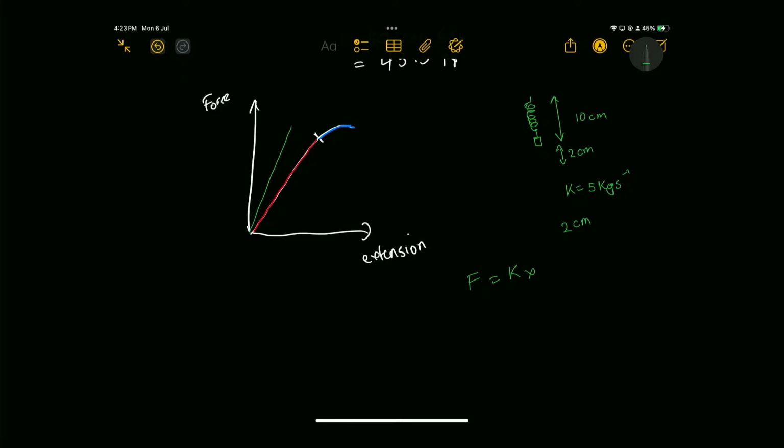We know what the value of K is. The value of K is 5 kilograms per second squared.